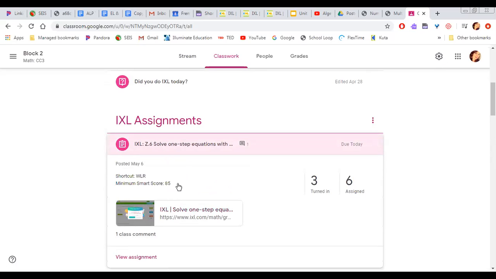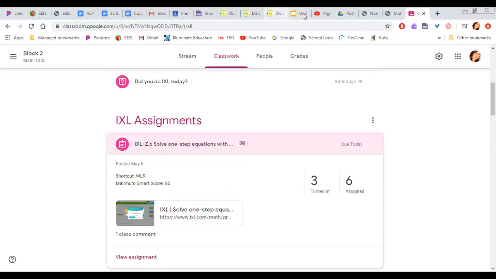If you get your score of 85 and you finish in 7 minutes or 5 minutes or 10 minutes, it's okay. It's going to count for your 15 minutes, as long as you made your SMART score. I want us to have an incentive, a reason, like, let's get it done faster. So it's kind of a built-in reward, if you will.